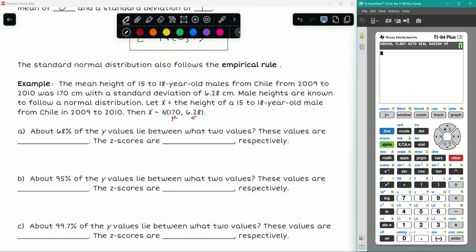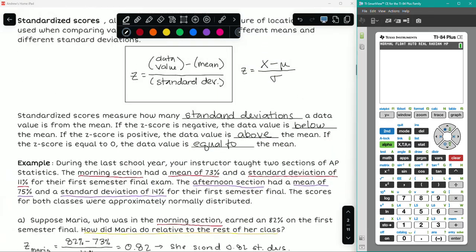And the first question says about 68% of y values, I think that should say of x values, lie between what two values? These values are blank, the z-scores are blank respectively. So let's go ahead and scroll back up to our empirical rule.